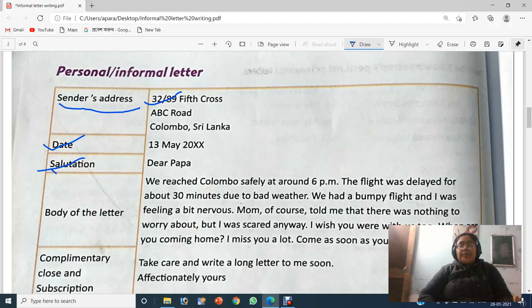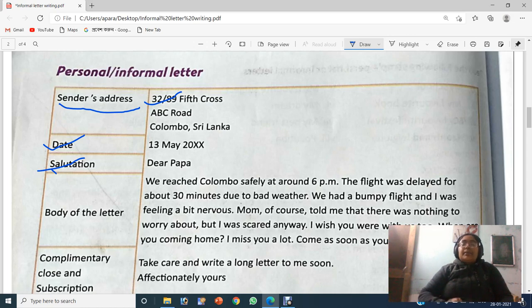Somebody's father. So what is written? Dear Papa. Suppose you are writing your letter to your grandma. What will you write? Dear Grandma. So here salutation is how you address your recipient, one who is going to receive your letter.